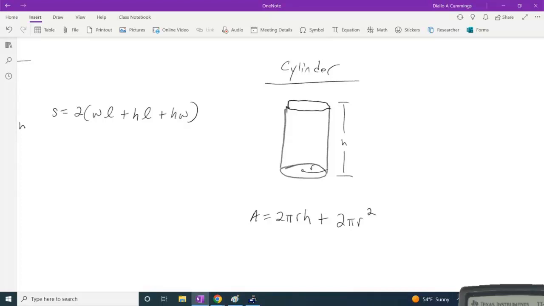The first part of this formula, 2 pi r h, gives you the area of the shaft. The 2 pi r squared gives you the area of the top and bottom.